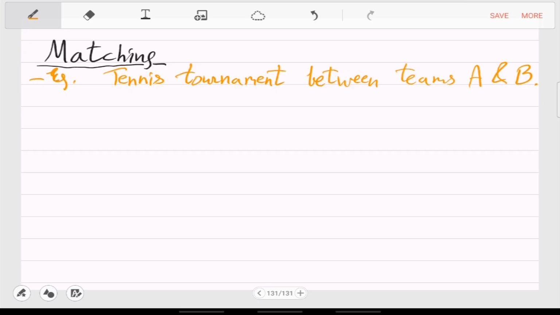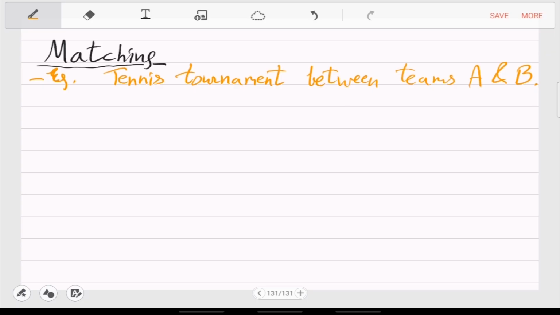So basically, a member in A will have a list of players in B who are of the same or comparable level. So this person can play only with those people.